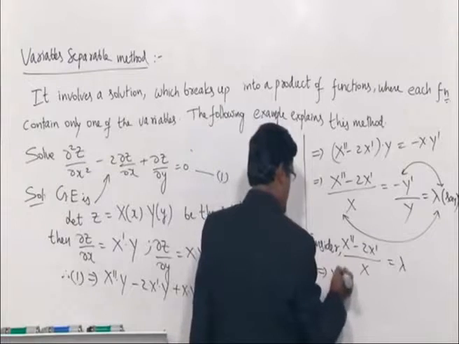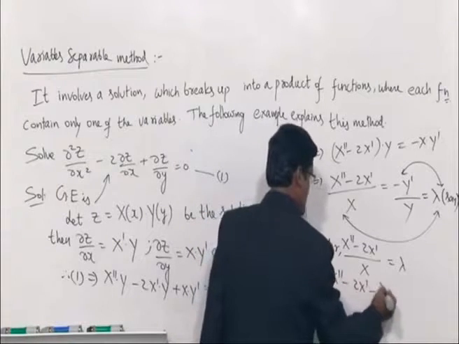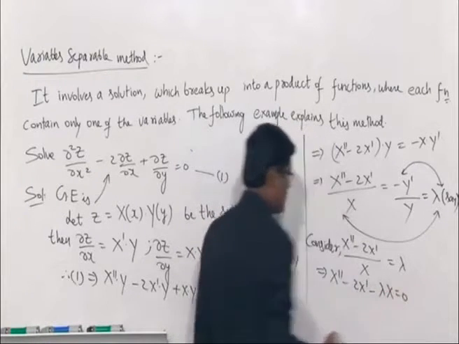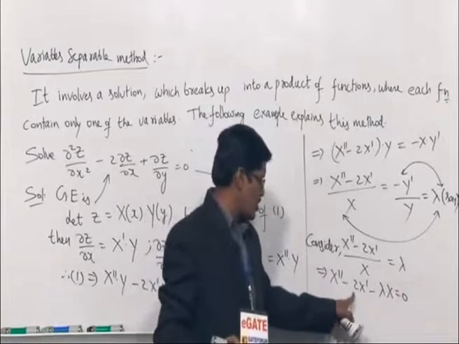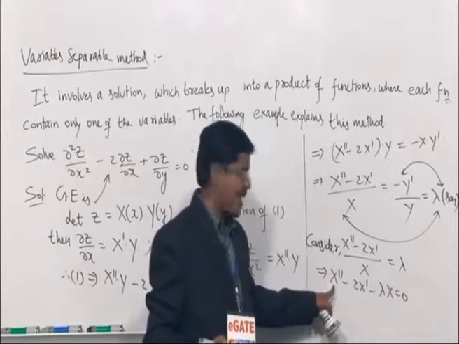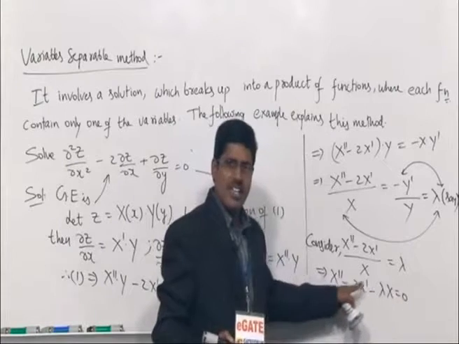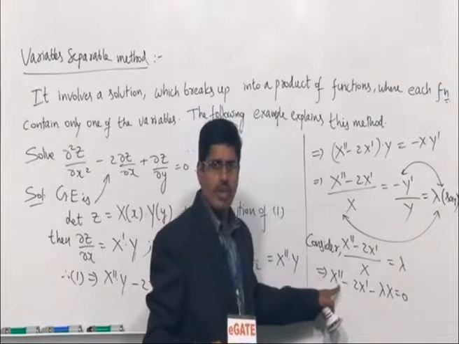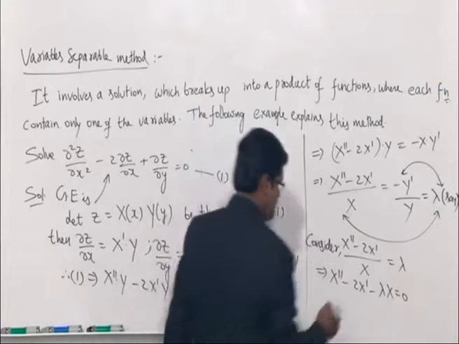This can be written as X double dash minus 2X dash minus lambda times X is equal to 0. Lambda is a constant, 2 is a constant, and this is the second derivative with respect to x. It is a linear differential equation with constant coefficients, which we have solved before.